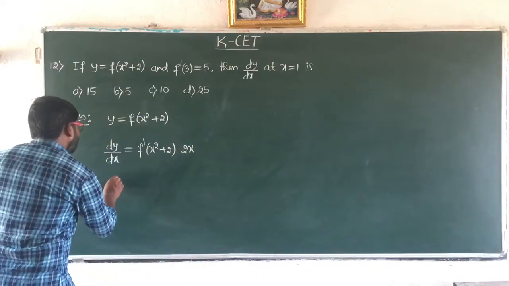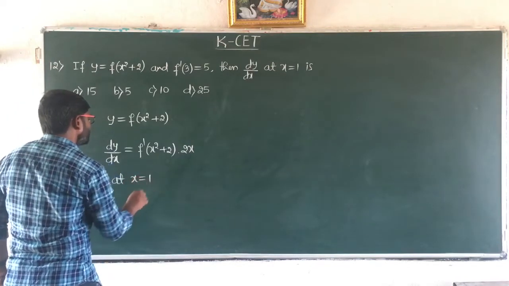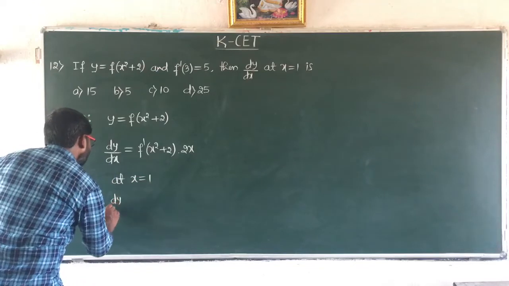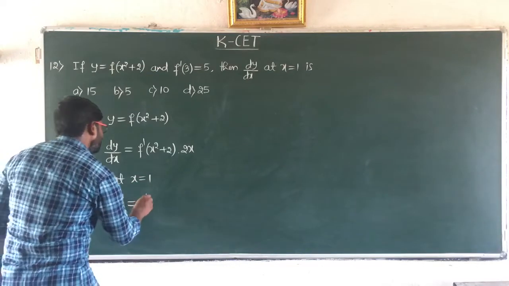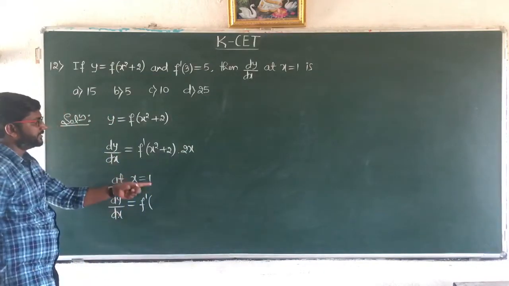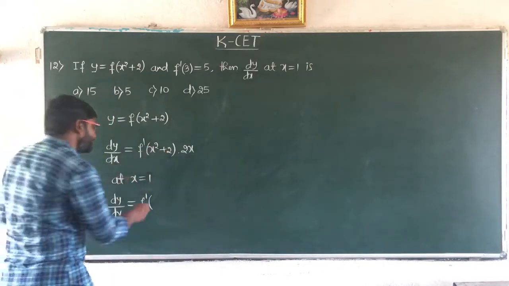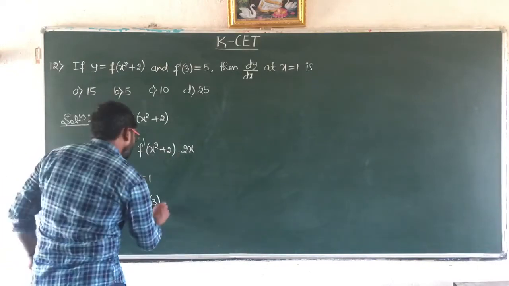Now at x equal to 1, dy by dx which is equal to f dash of 1 plus 2. At x we have to substitute 1. 1 square it is 1, plus 2 it is 3. So f dash of 3 into 2.